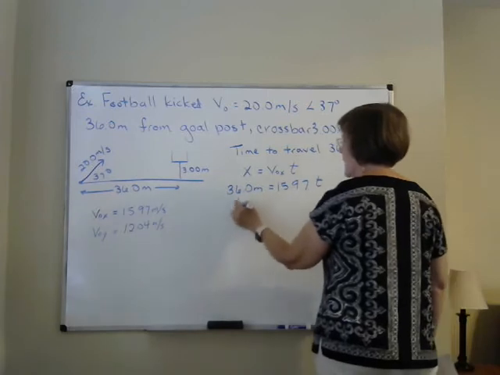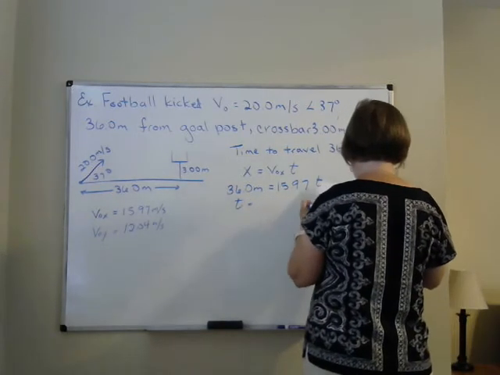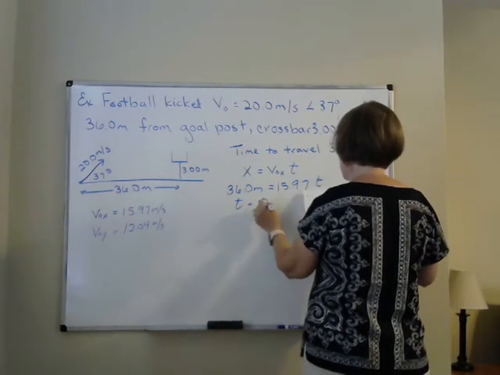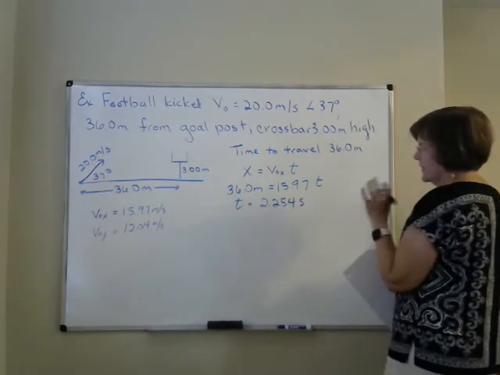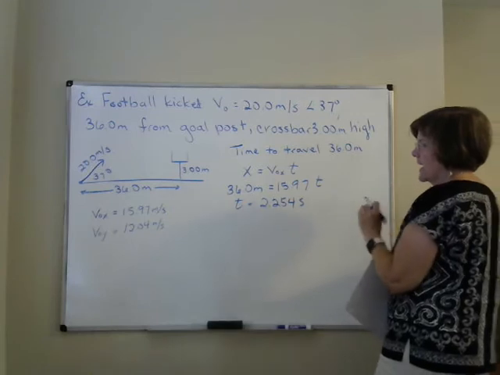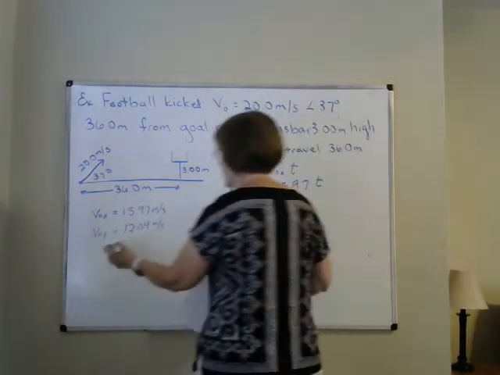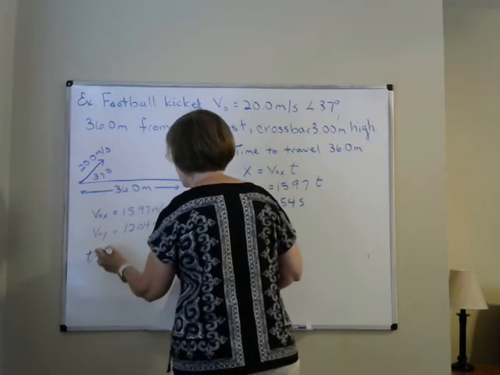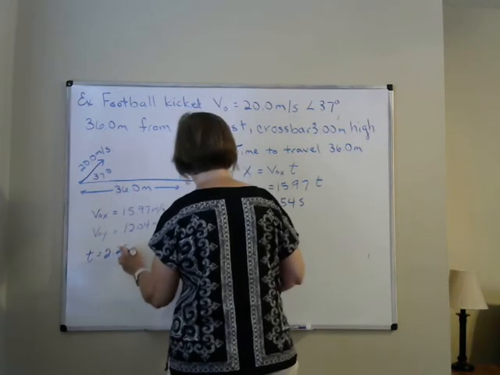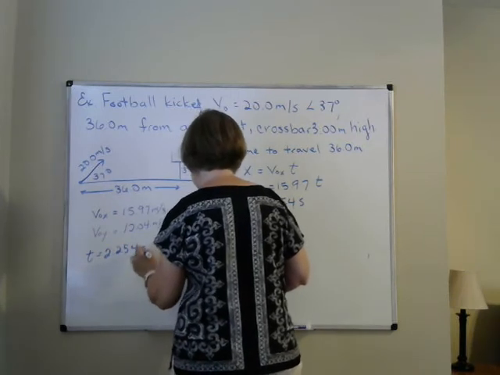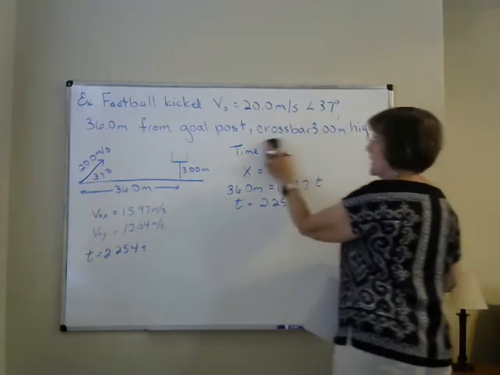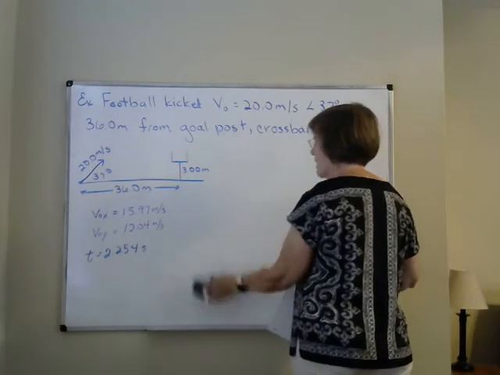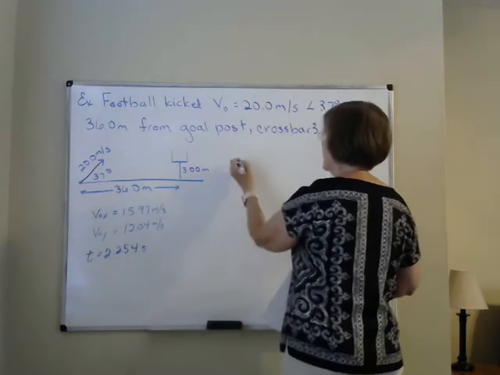So the time required is going to be 2.254 seconds. That's the time we're interested in. So at t equals 2.254 seconds, I just need to know how high it will be at that particular moment.